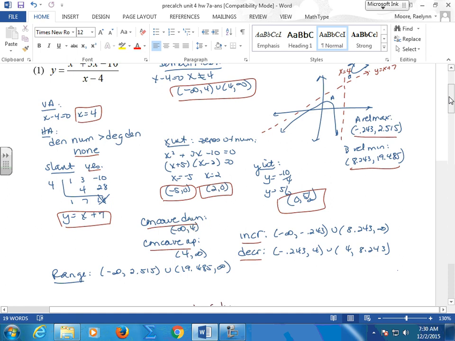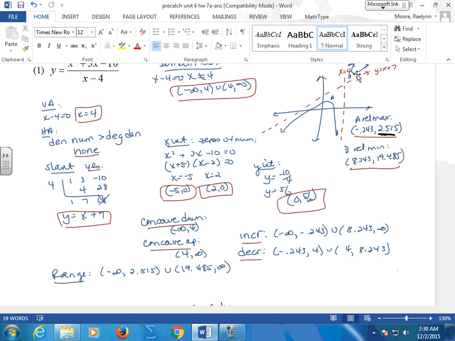So your Y is traveling all the way up here from negative infinity, stopping at that relative max Y point. Then it jumps over and restarts at this Y point to infinity. You're not going to be able to find your range usually till the end. And today, too, when we throw a point of discontinuity, we need to find that before we can find the range. So do the domain. Always do your domain first, because those are where your restrictions are.